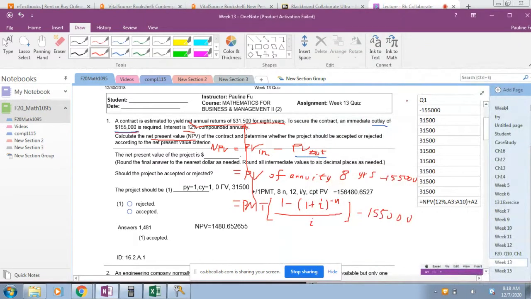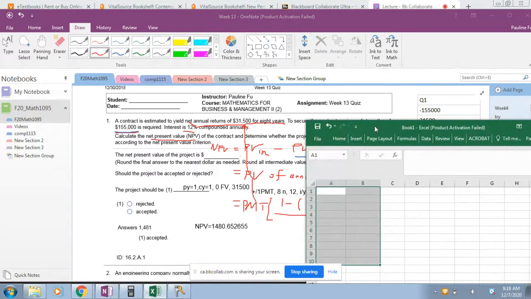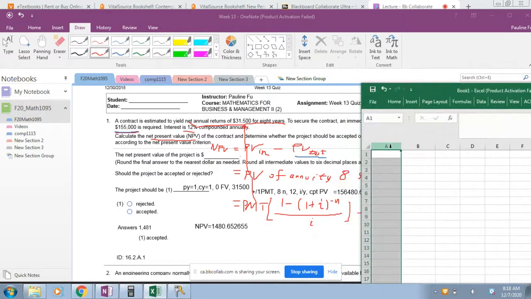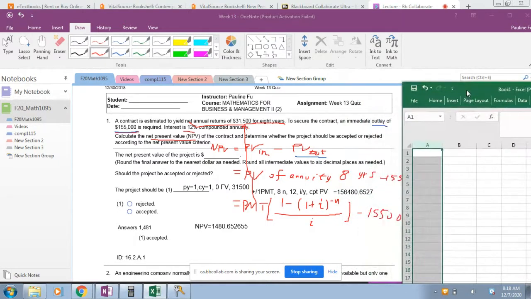To use Excel, you need to arrange the data usually in one column, for example, column A. The cash flow is an outlay, that is a negative number. So negative 155,000. That is the negative cash flow.